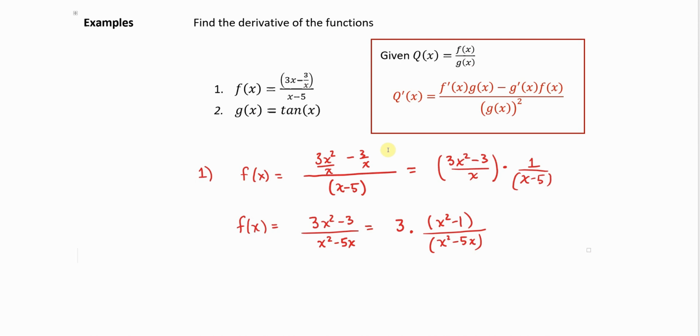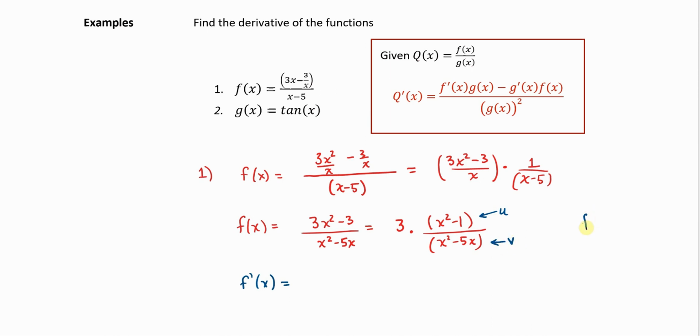So now I'm actually going to take its derivative. So f prime. I'm going to call the numerator here u and the denominator v.